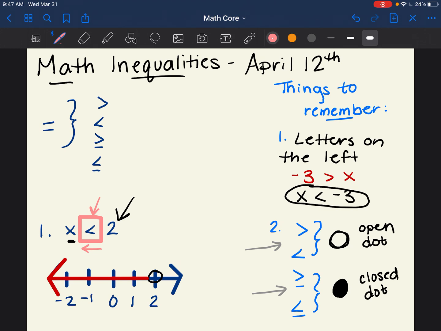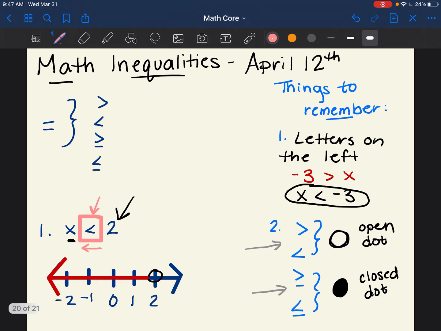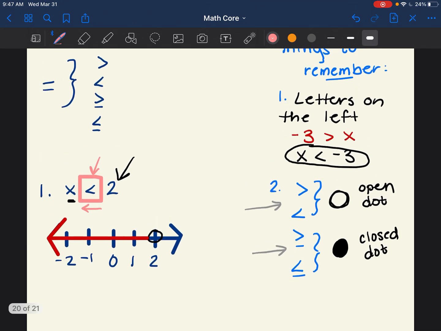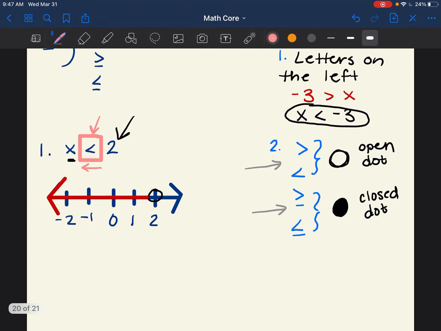First thing that's really important that you need to do. If we move down here a little bit, what if I gave you another example? I'll keep our things to remember over here on the side so we don't forget what we're supposed to be doing, right? Let's see. What if I did 4 is greater than or equal to x? All right, so I'm going to give myself a little number line.